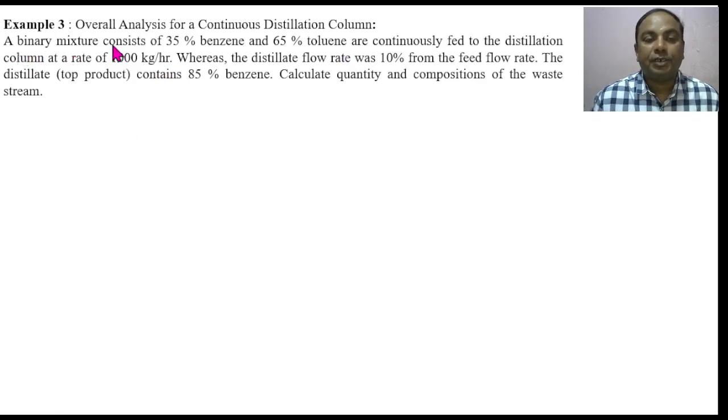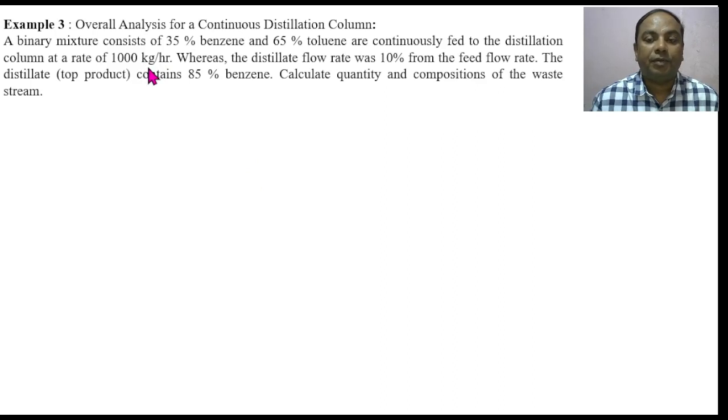A binary mixture consisting of 35% benzene and 65% toluene is continuously fed to the distillation column at a rate of 1000 kg per hour. So what is given?